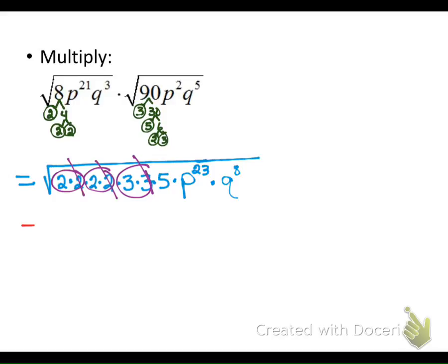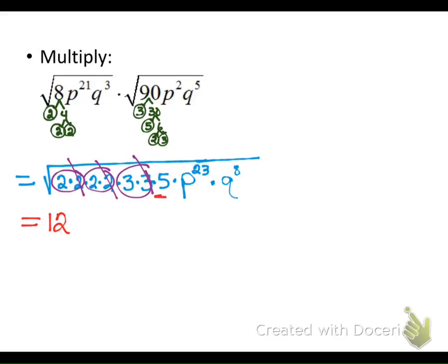So what numbers move to the outside here? 2 times 2 is 4 times 3 is 12. So now I look at the 5 is stuck in there. Can't do anything with that.